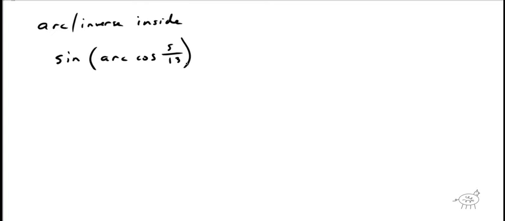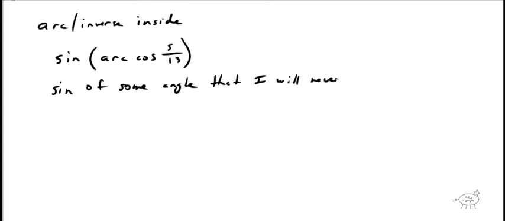I don't know what that angle is, right? We never covered an angle like that. Well, here's the deal. What I'm really asking is, I'm finding the sine of some angle that I will never know. So this is kind of like a theta here. It's like sine of some theta. Well, what we're going to do is we're going to draw a picture. And that picture is based on that arc cosine.